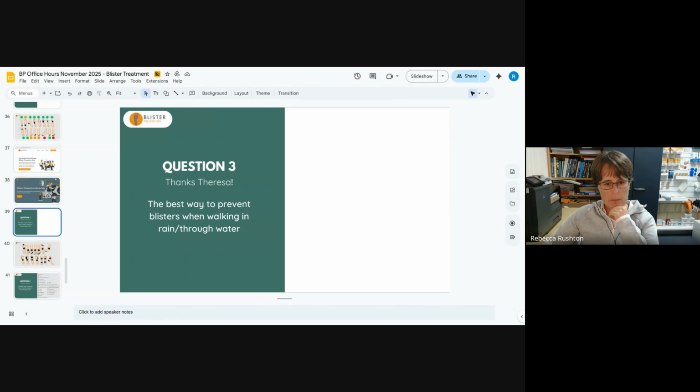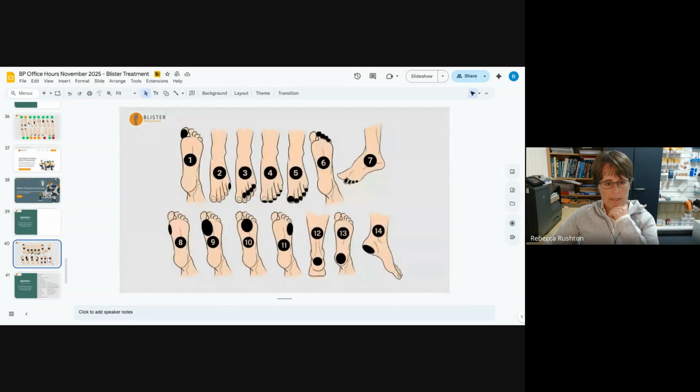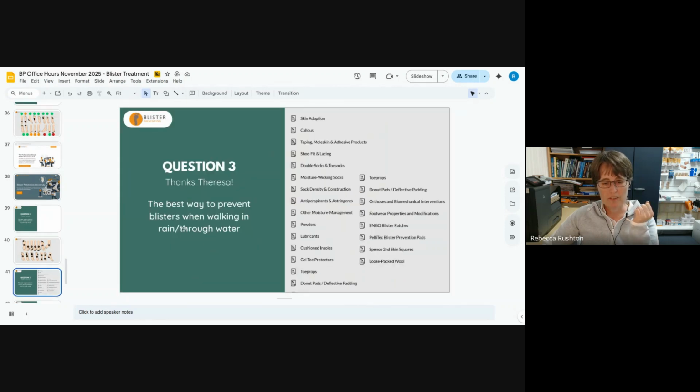Teresa asks, the best way to prevent blisters when walking in rain and through water? Well, again, start with the blister location, and then we nuance it to the specifics of the activity. So if we think about rain and water, what are some considerations here? Engo patches may dislodge. They're an adhesive patch that sticks on the shoe. For example, I recently coached a young lady through the Kokoda, and in her training she was getting lots of blisters.